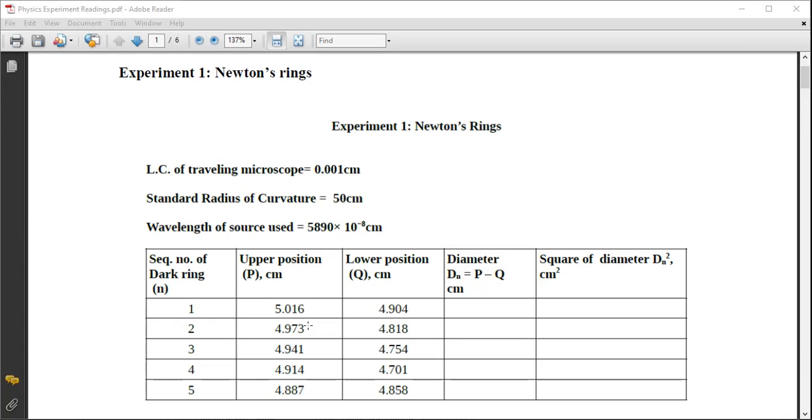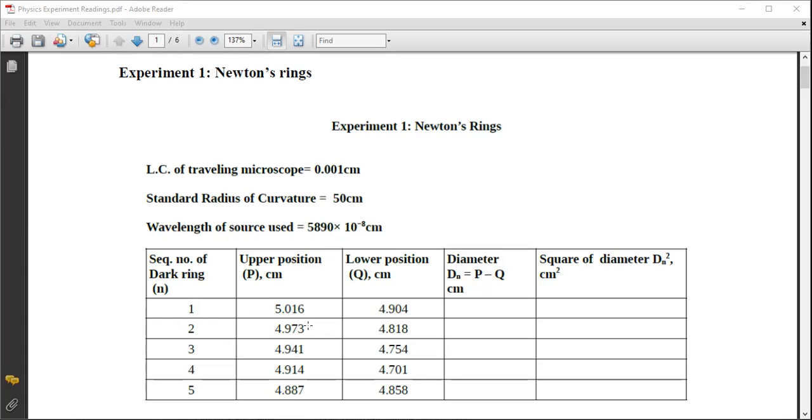And you will write the observation table, all the readings and measurements that we will take, and then you can do the calculations, you can also do the graph, and your understanding of the experiment.